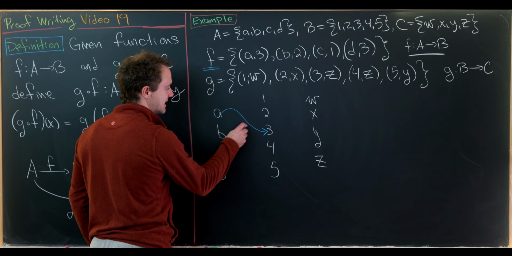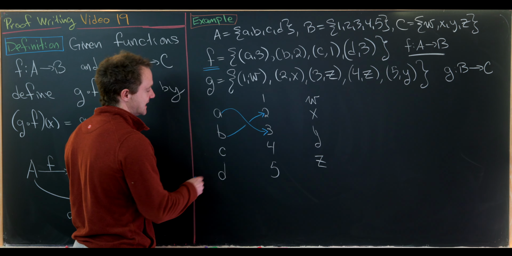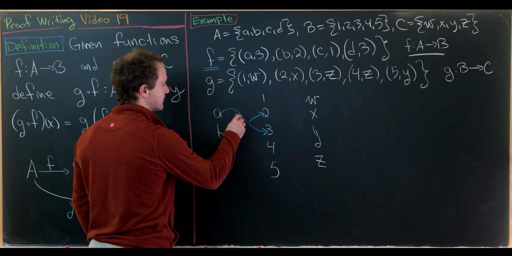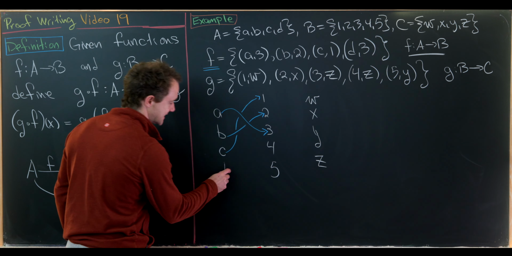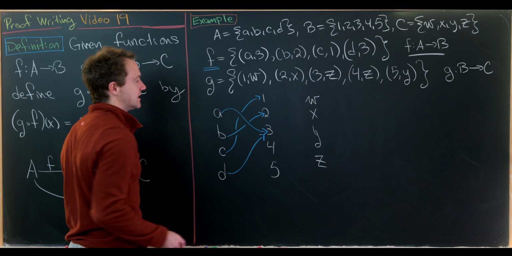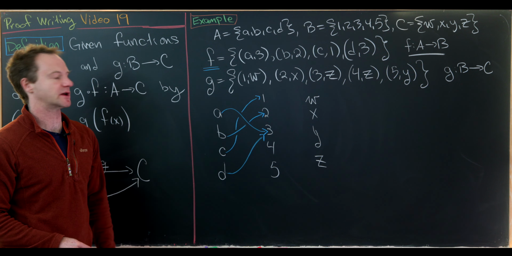It takes b to the number 2, it takes c to the number 1, and then finally it takes d to 3. Notice it misses 4 and 5, but that's totally okay.